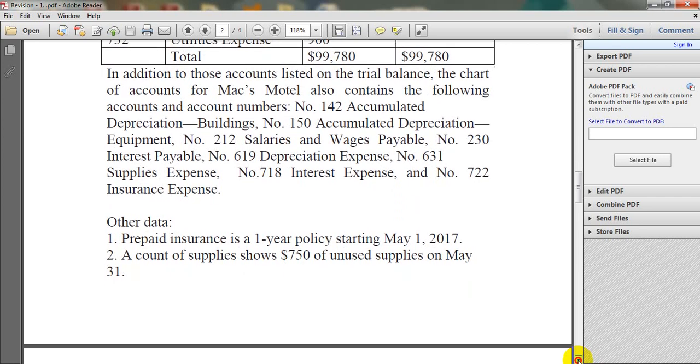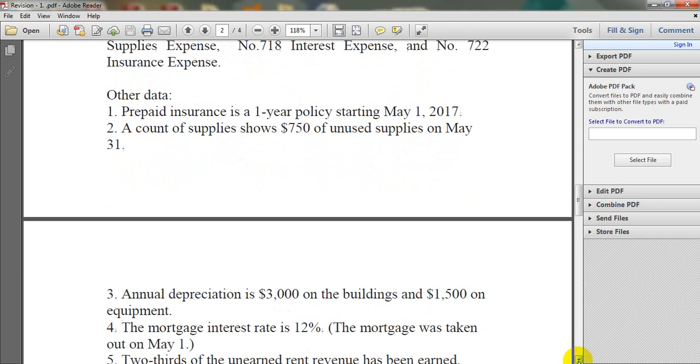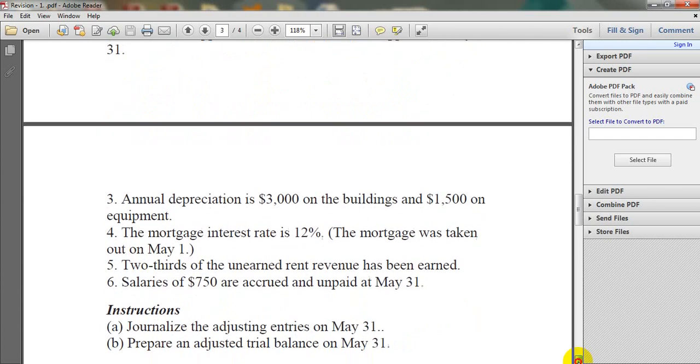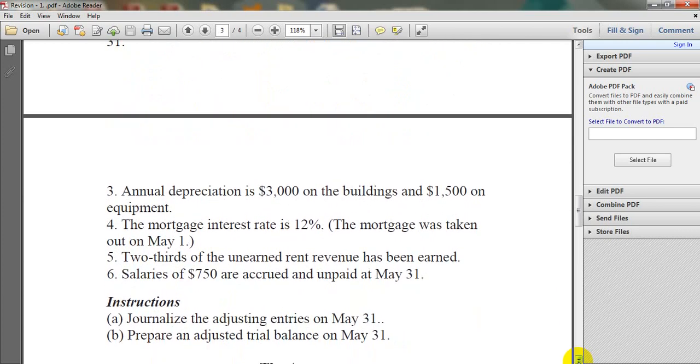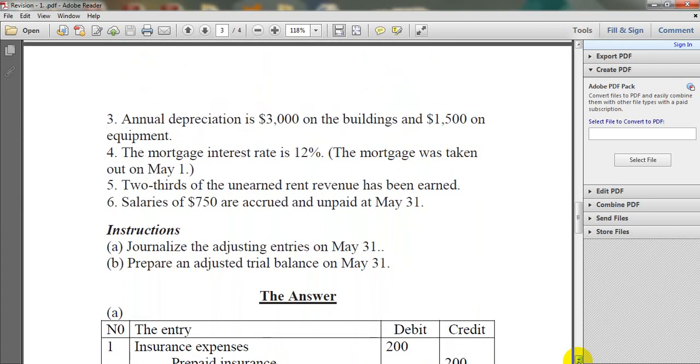The additional transactions happened. Number 1, prepaid insurance is a 1-year policy starting on May 1, 2017. Number 2, account of supplies shows 750 of unused supplies on May 31. Number 3, annual depreciation is 3,000 on the building and 1,500 on equipment. Number 4, mortgage interest rate is 12%.